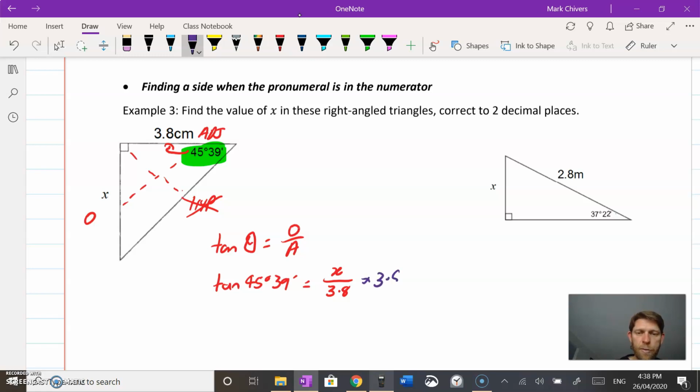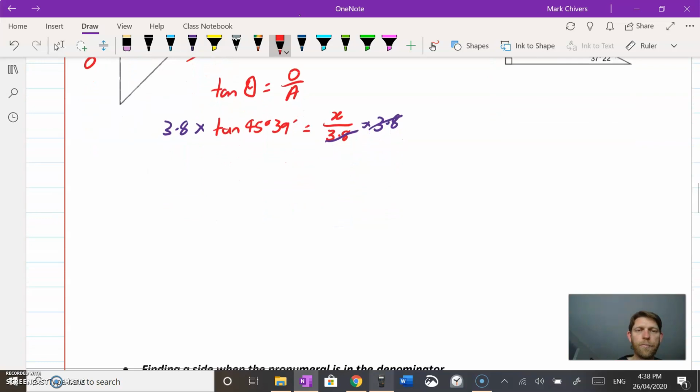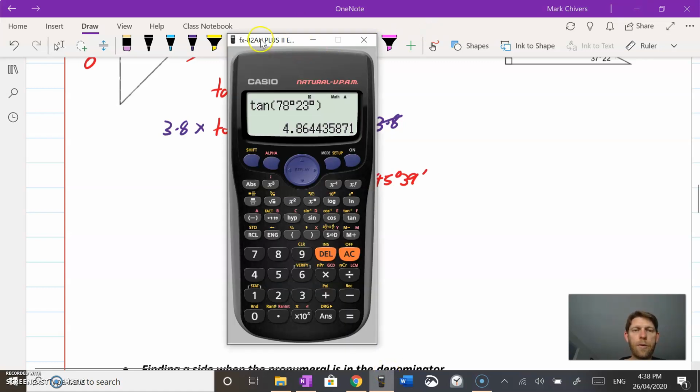If I multiply this by 3.8, then that's going to cancel out. I'm going to be just left with x. So I'm going to have to do the same to both sides. So I'm going to end up with x equals 3.8 times tan 45 degrees 39 minutes. And now I just pick up my calculator and plug that all into there.